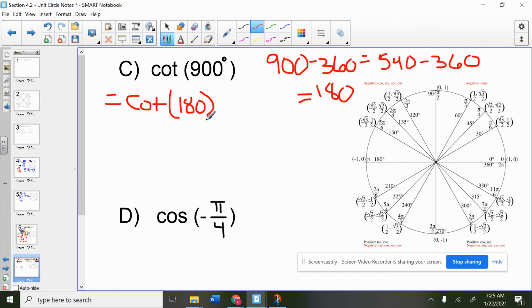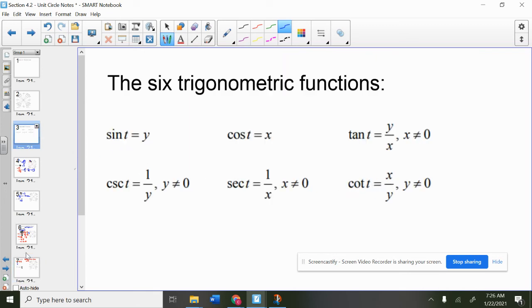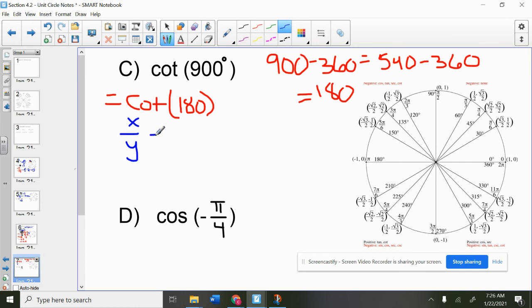Cotangent is my x coordinate over my y coordinate. So in this case, my x coordinate's -1, so that goes on top, over my y coordinate, that's 0. Well, anytime you divide by 0, that's what we call undefined.